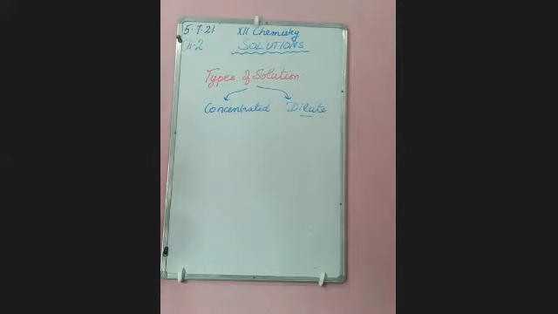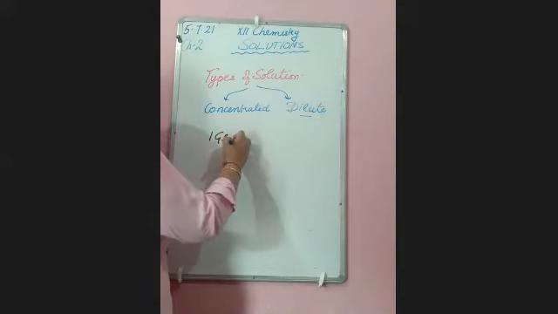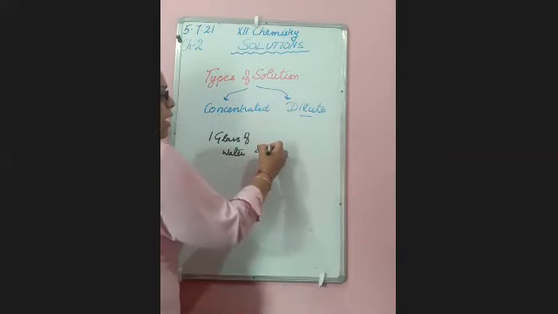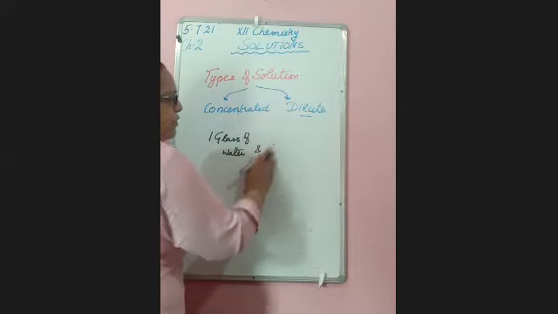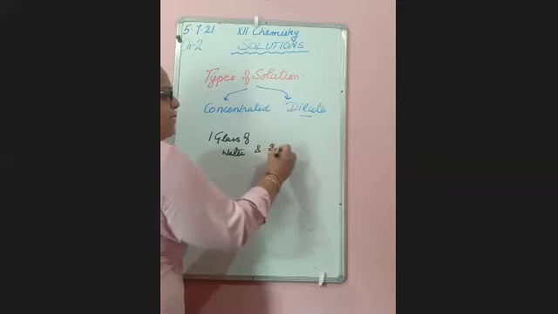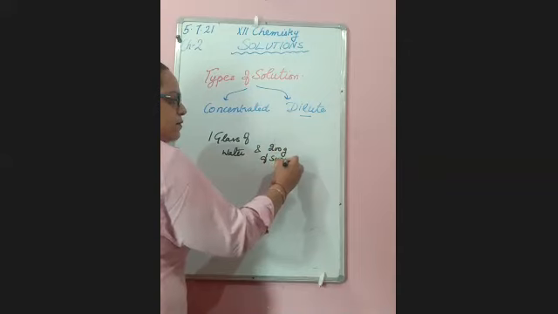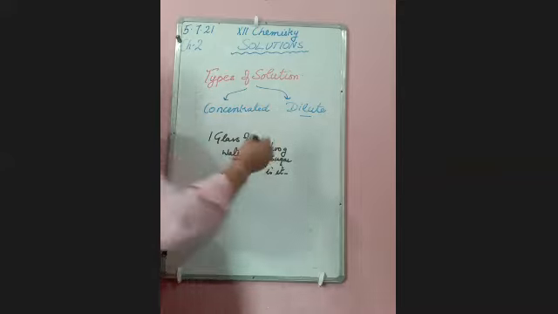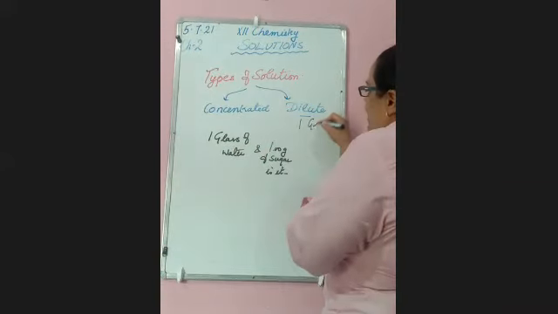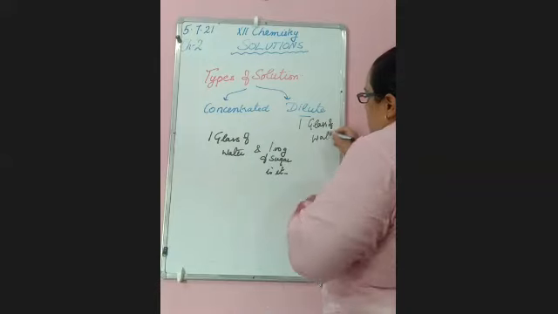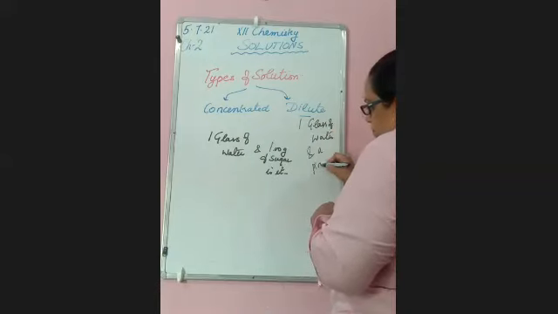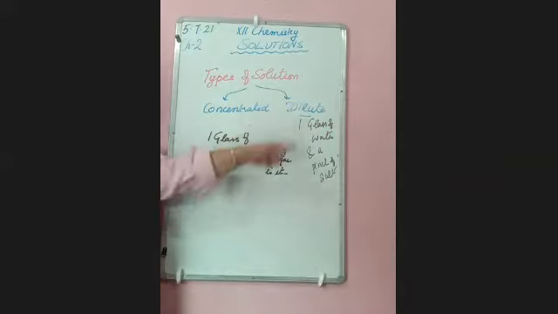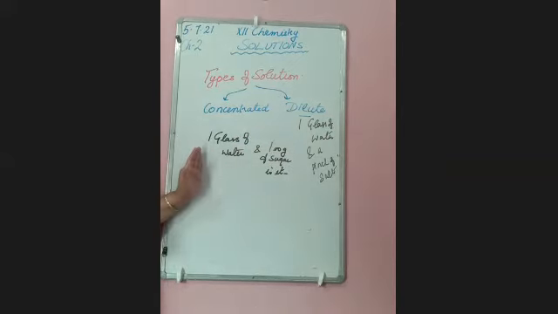Suppose I am taking one glass of water and I am adding around 200 gram of sugar in it, or 100 gram of sugar in it. And say for dilute, I am taking one glass of water and a pinch of salt. Here the amount of solvent is more, here it is less.